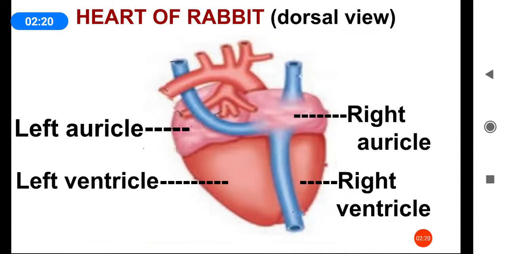The mammalian heart is four-chambered with two auricles and two ventricles. The right auricle and left auricle are separated by interauricular septum. Similarly, right ventricle and left ventricle are separated by interventricular septum.